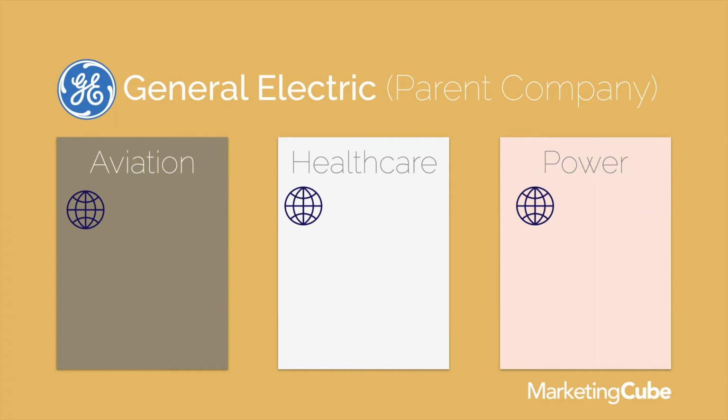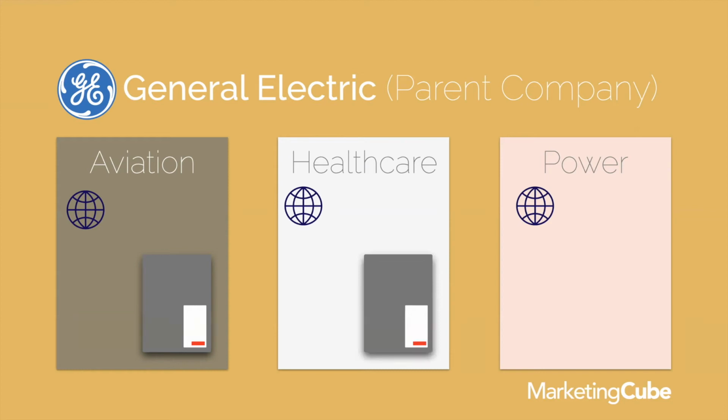So if we look at three of the particular business units, of which there are many, for the purposes of our example, let's assume that GE, the parent company, purchases a single instance of Eloqua, but they want to have their aviation, healthcare, and power businesses all using that one instance, while delivering at the same time a unique branded experience. Now, part of that branded experience ties into forms and landing pages, like subdomains, for instance, that would sit under each of those different brands. The concept within Eloqua, using what's called a branding and deliverability plugin or add-on, is to enable you to do exactly that.